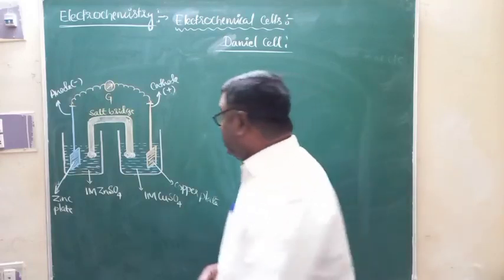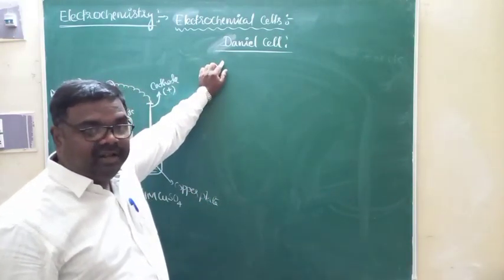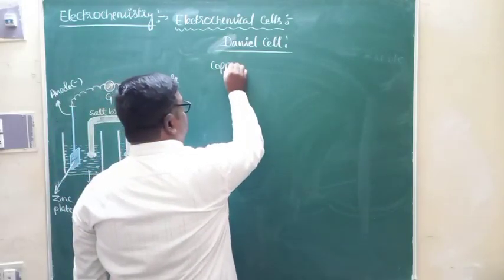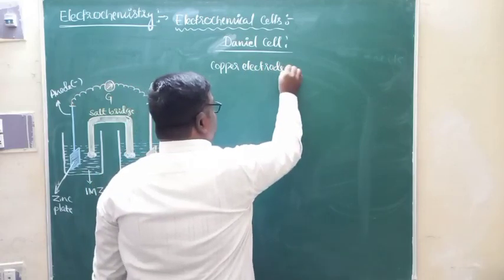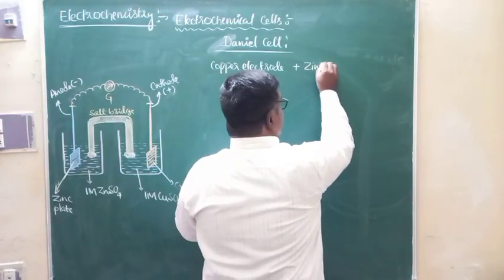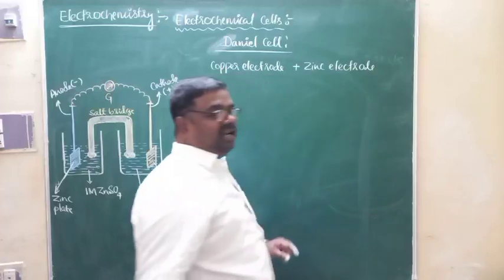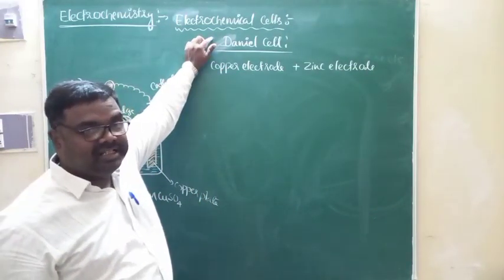The Daniell cell is constructed by connecting a copper electrode and a zinc electrode, externally by an electric wire and internally by a salt bridge. That results in the formation of the Daniell cell.